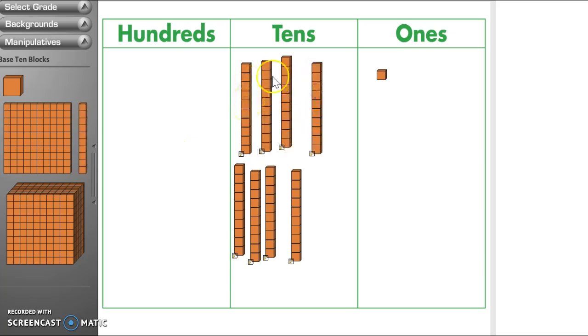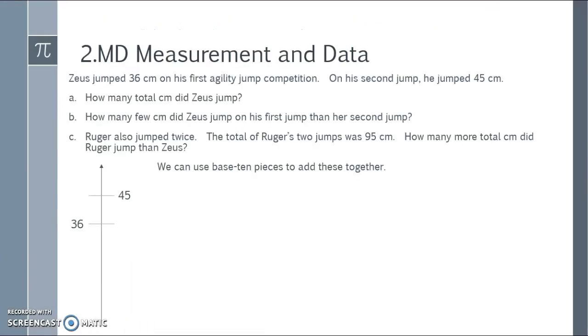So I see I have 1, 2, 3, 4, 5, 6, 7, 8 10s and 1 one, so 81. So 81 centimeters is what Zeus jumped.